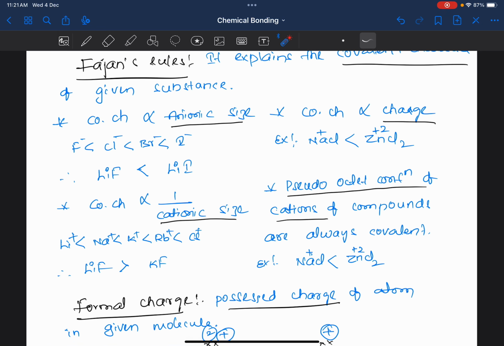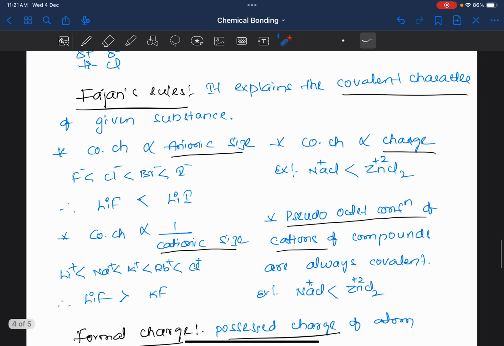So these four factors are called Fajan's rules. With these rules only we will say which compound is more ionic and which compound is more covalent. In these factors I just explained about covalent character. If we know about covalent character clearly, then we can easily find the ionic character.